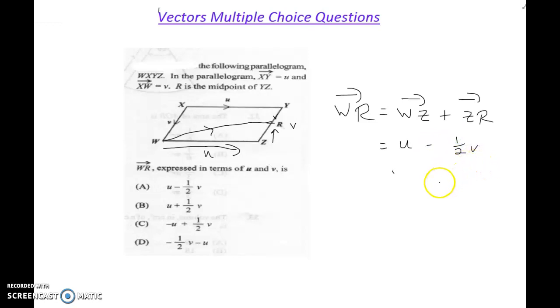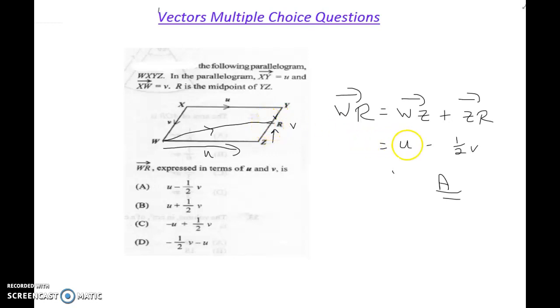Why is it minus a half v? Because our vector is supposed to come down this way, but because we're going the opposite direction, it becomes negative.